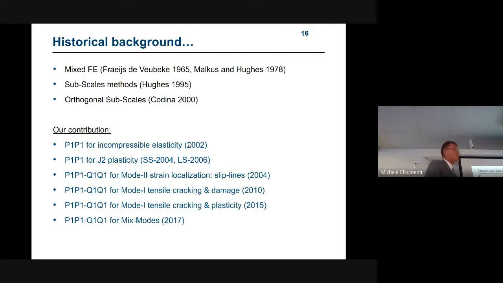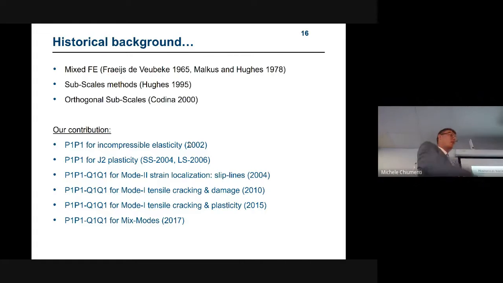This something else is a stabilization technique, which is just details that I don't want to enter into. But the question is, you can modify, add one term to the solution, and you can get this. We were working on P1 in displacement pressure elements for incompressible elasticity, rubber materials, this kind of materials, for elastoplasticity, and then we moved to two-field problems where we are using displacement and strains.